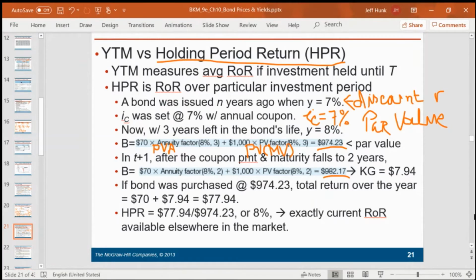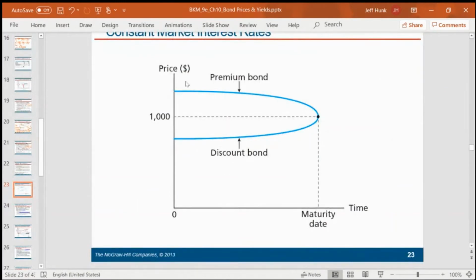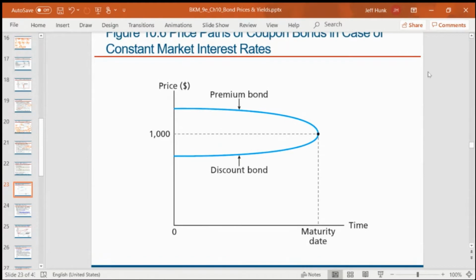So depending on whether it's a premium bond or discount bond, the pattern of the bond price movement looks like this, because at maturity it will always be par value, or maturity value.